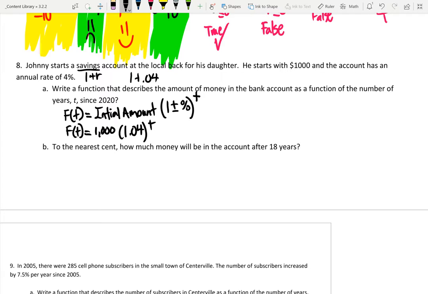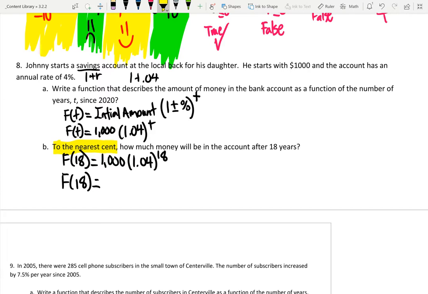Now, to the nearest cent, how much money will be in the account after 18 years? I'm going to plug in 18 years for t. So what I would input into my calculator is 1,000 times 1.04 raised to the 18th power, and that will give me my answer. As long as I round to the nearest cent, I'm good to go.